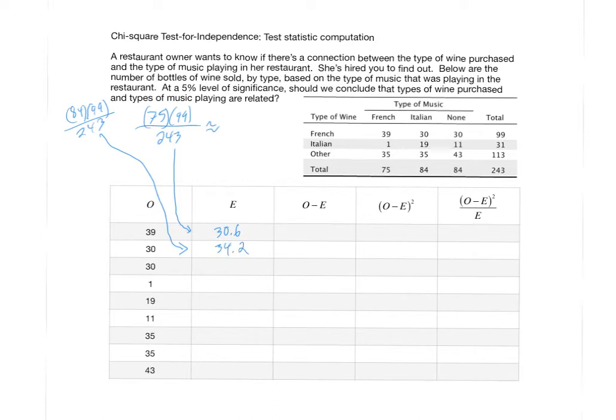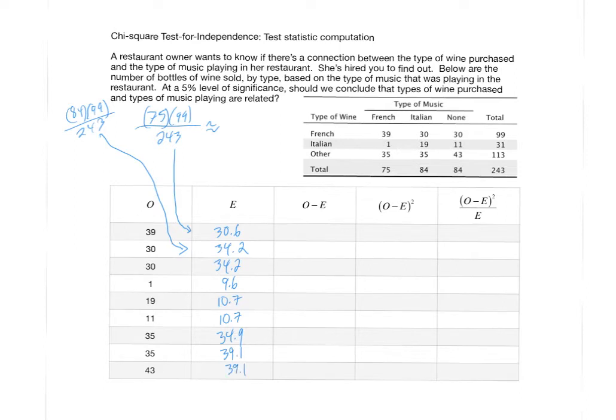Now I've done the rest of these 7, but you would do the same sort of computation each time. And we get 34.2 for this, 9.6 for that one, 10.7, 10.7 for the one after that, 34.9, and 39.1 and 39.1.